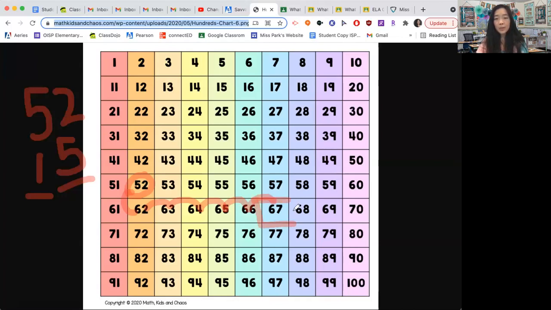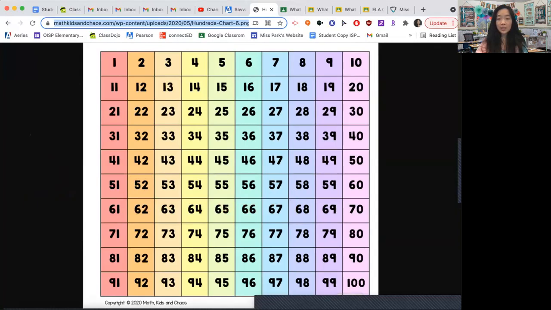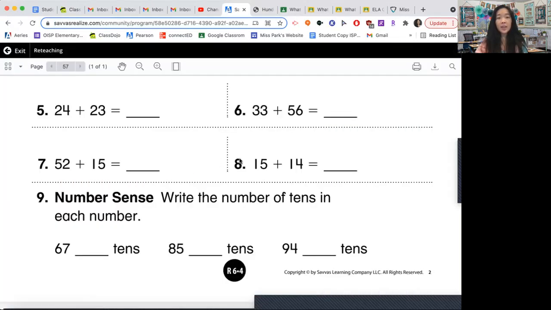What number did we stop at? 67. 52 plus 15 equals 67. And then our last one before we go on to our number sense, 15 plus 14.